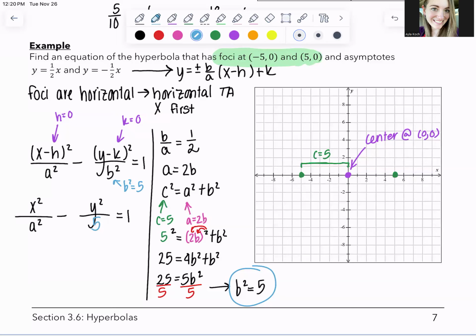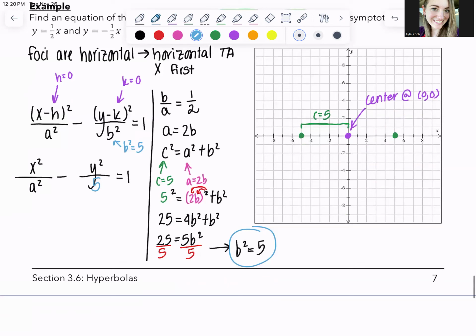So 5 goes down below there. I just need to find what a squared is. So I can take this same formula right here and solve for a squared. I know that c squared was 25, c squared is 5 squared, which is 25. Don't know what a squared is. We said b squared was 5.